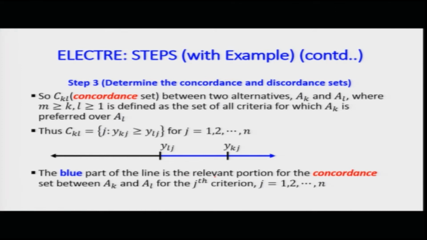The blue line which is showing here is the relevant portion of the concordance set. It can go more to the right, there is no issue. What you want to find out is the moment it moves some delta value to the right, it falls under the concordance index and the concordance set. The higher the value is, the higher the liking is.